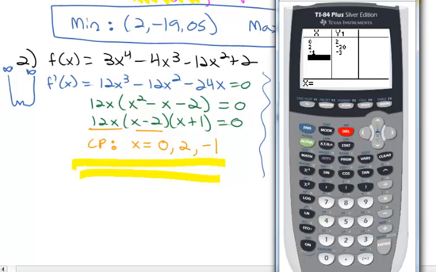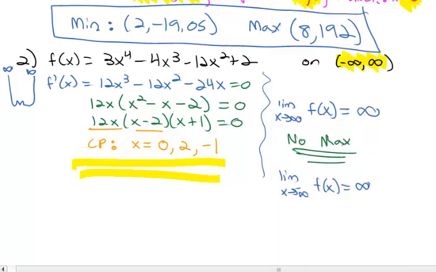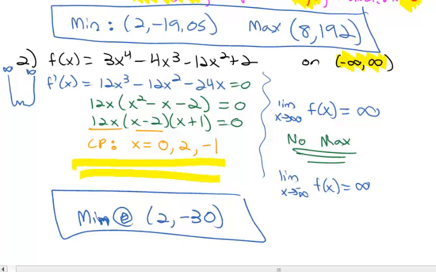We know there's no maximum. We're looking for the minimum, which we can see happens at negative 30. So we have a minimum at 2, negative 30. And that's how the first derivative and the endpoints help us find where the absolute min and the absolute max of a function is going to be.